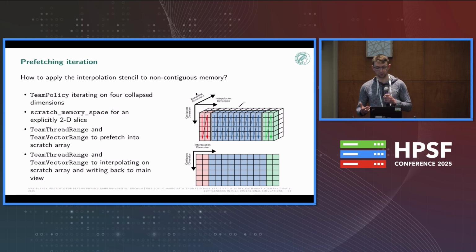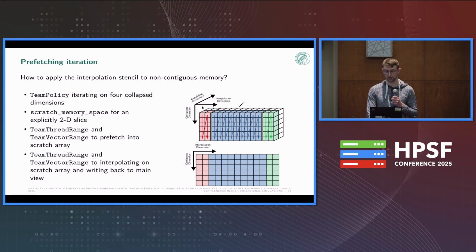How do we apply the stencil to this problem? That is a bit more tricky because we cannot just sweep through memory, which is not continuous any longer. This is illustrated here on the right side. We do 1D interpolation, so we collapse the remaining dimensions into a team policy.